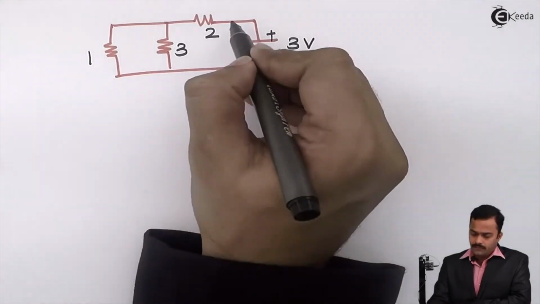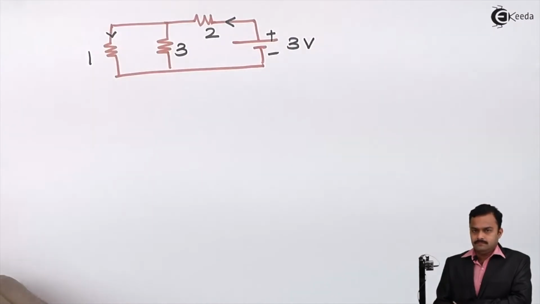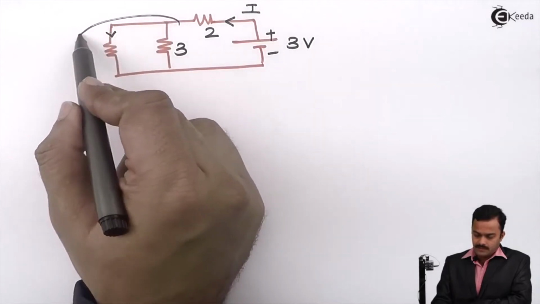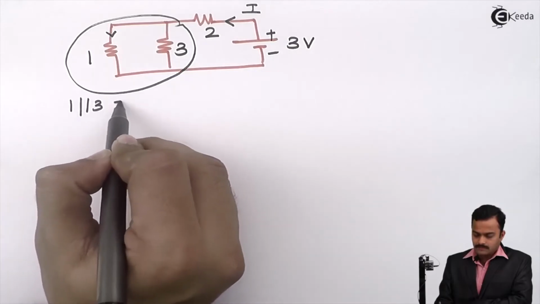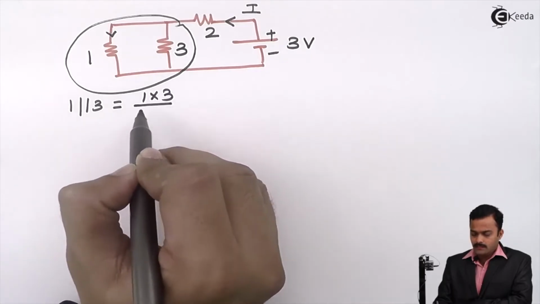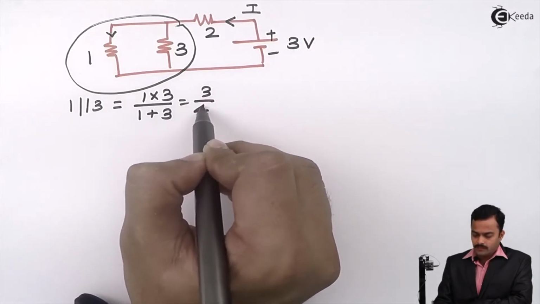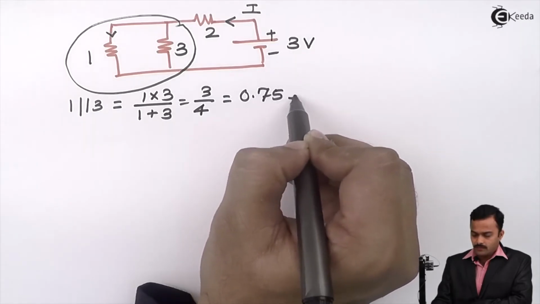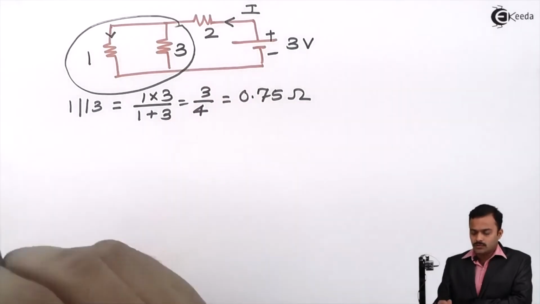Here also, if I know this current, by using current divider I can get this current. How to get this current, which is I? Simply I will consider parallel connection of this 1 and 3. So 1 parallel with 3 gives me 1 into 3 divided by 1 plus 3. So it is 3 by 4. So answer is 0.75 ohm. So 0.75 will come in series with this 2 ohm.